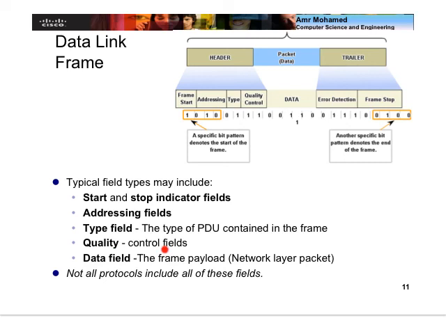And there are some quality control fields that depend on the protocol, whether it's Ethernet or Frame Relay. Depending on each protocol, these have different functions, which we will talk about. And then the data field. So this is much simpler compared to all the other protocols that we talked about before. Okay, we'll stop here.